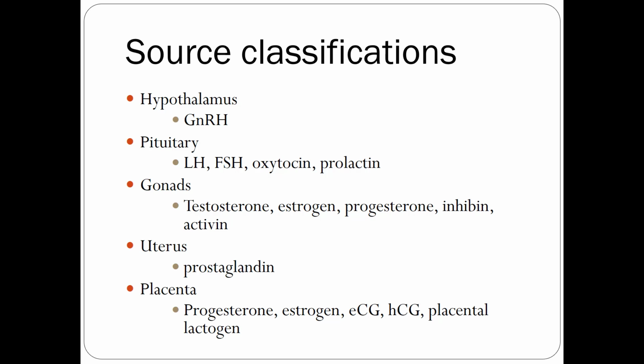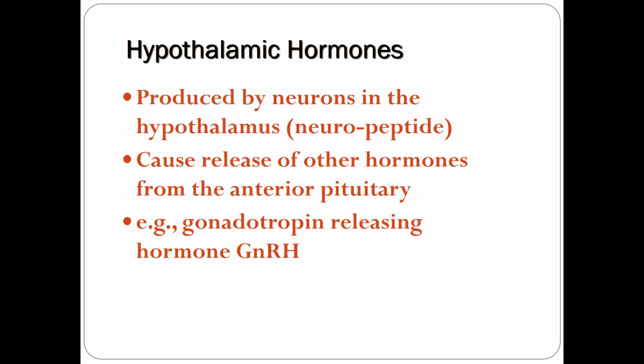So again, when we talk about the source classifications of hormones in reproductive function, it really has to do with these five major tissues that are a key regulator of cyclicity.